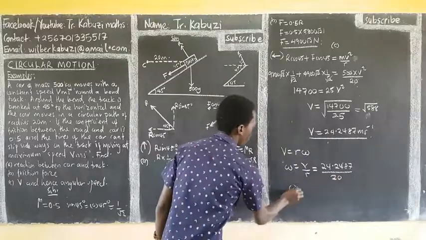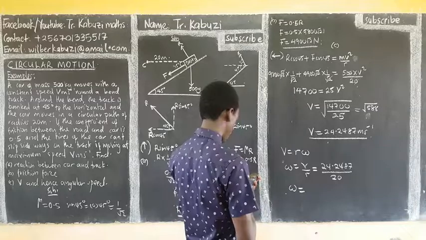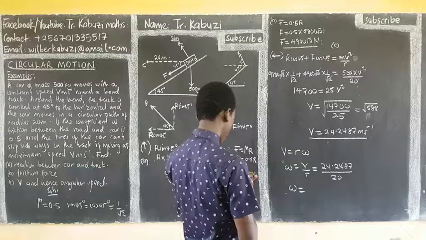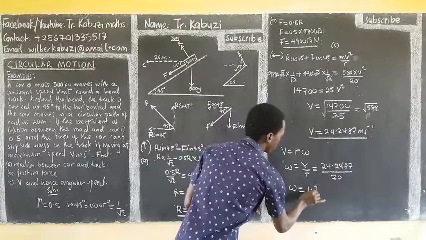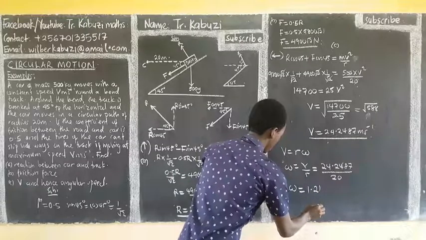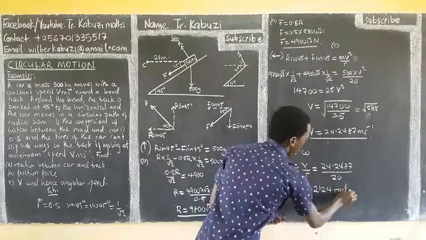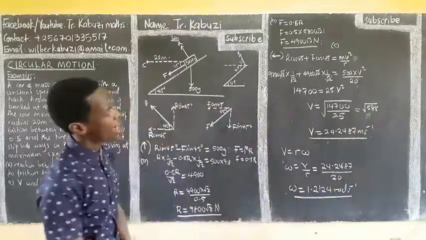So my angular velocity is going to be 1.2124 rad per second, and that's going to be our answer there.